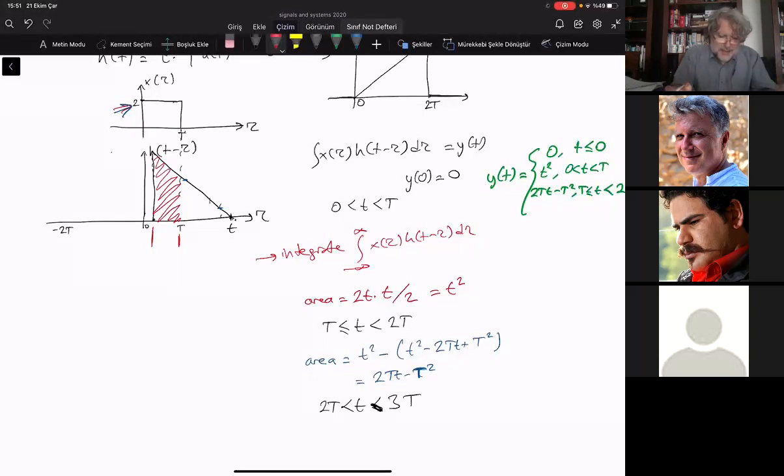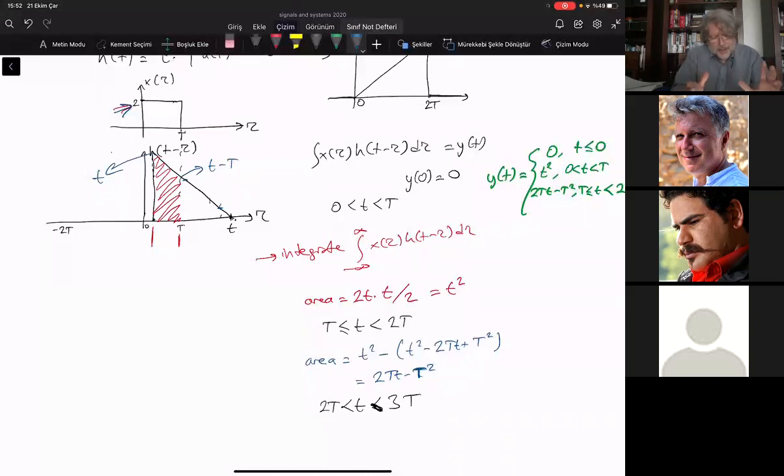Now let's find the area of that trapezoid. For that, we need to know some critical points. The first point is the top of this triangle, which is T, because its width is T, height is also T, that kind of a triangle. And this point here is t minus capital T. So what's the area of the trapezoid?